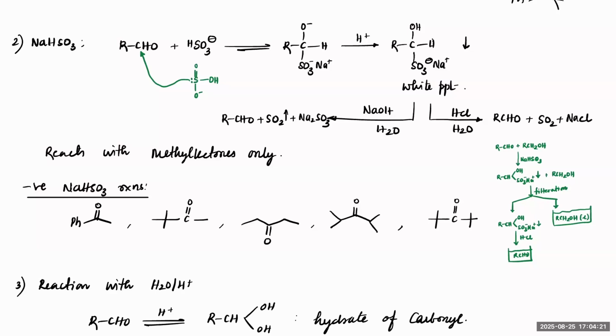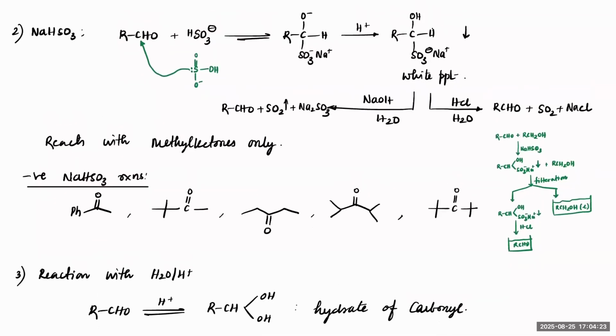If you have generally any methyl ketones and aldehydes, only these two will make a reaction. Okay, methyl ketone and aldehydes. So you can see methyl ketone, aldehydes will make reaction.